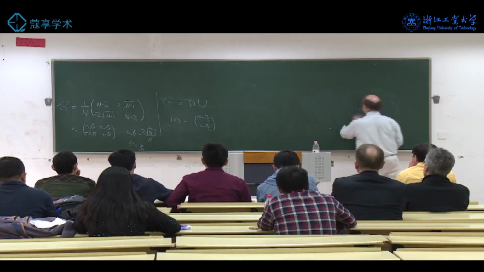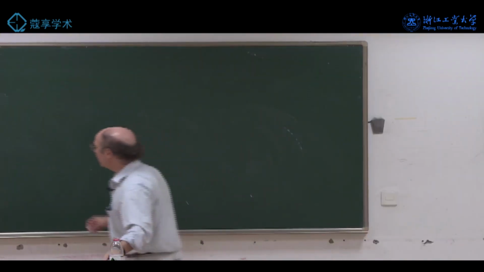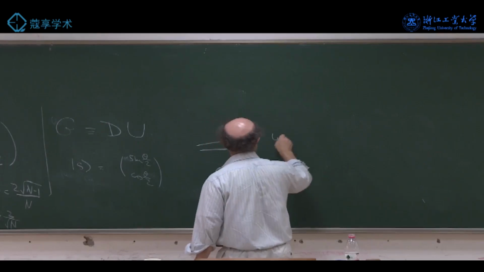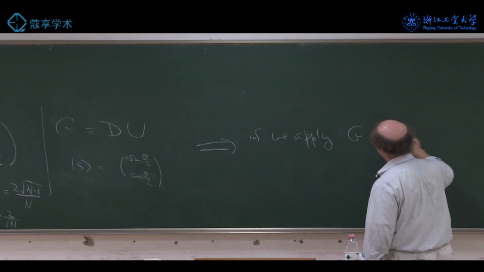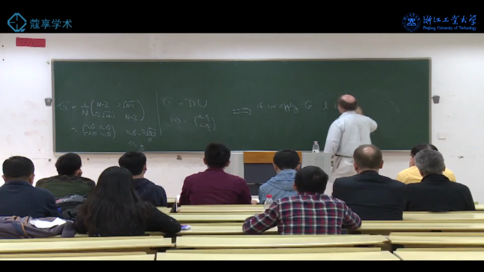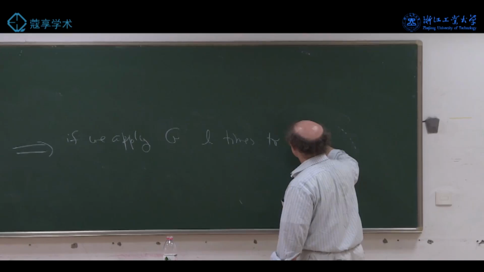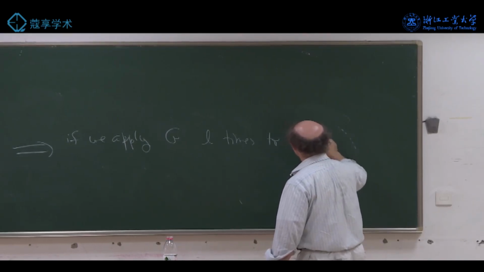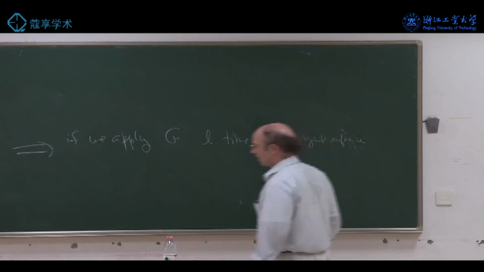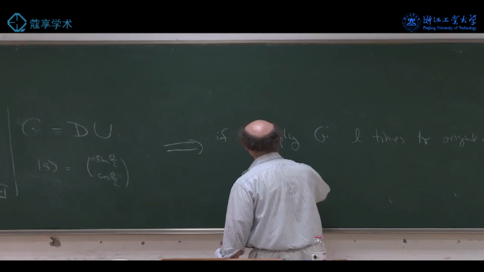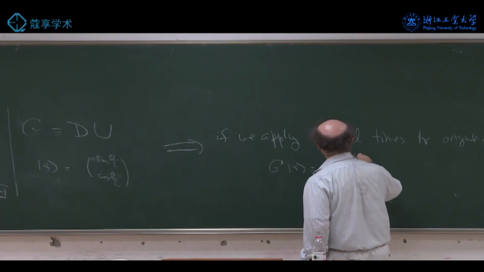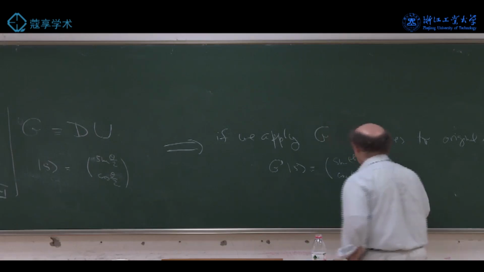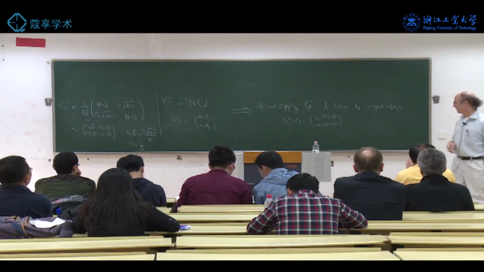And so, if we apply G, the Grover operator, L times to our original reference state S, the result is G to the L S equals sine of (L plus 1/2) theta, cosine of (L plus 1/2) theta. Okay. Just rotate L times theta.